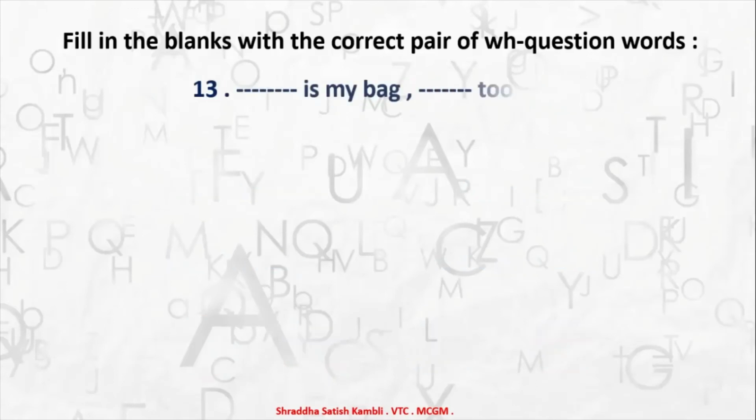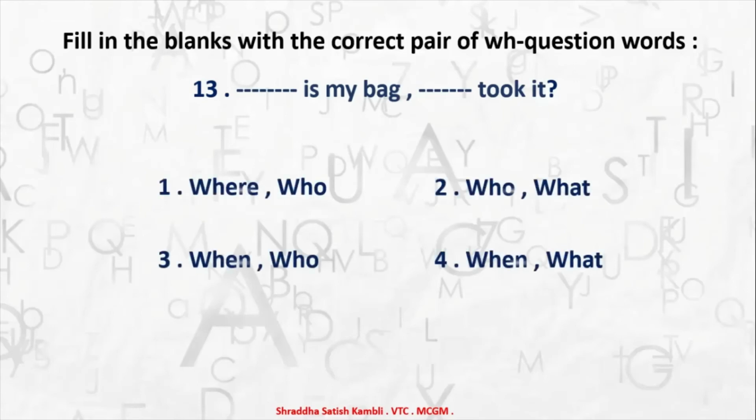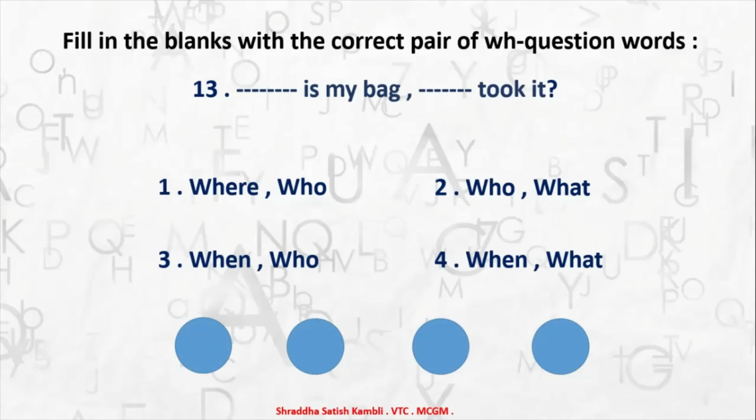Coming to the next one. Dash is my bag, dash took it. So what will you say? Will you say where is my bag, who took it? You will say who is my bag, what took it? You will say when is my bag, who took it? Or you will say when is my bag and what took it? Which will be the correct answer, children? Yes, it will be the first one.